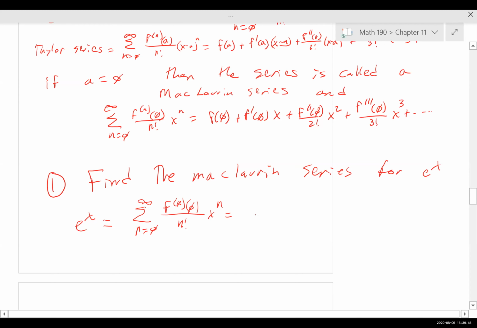So what's the derivative of e to the x? Well, isn't that just e to the x? Isn't the derivative of e to the x e to the x, and we just keep taking derivatives of e to the x and it's e to the x?